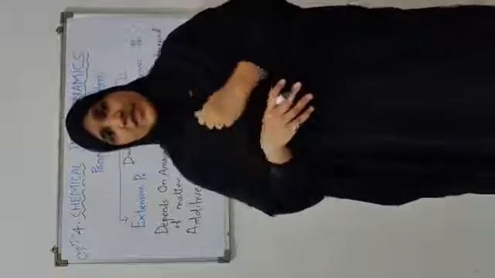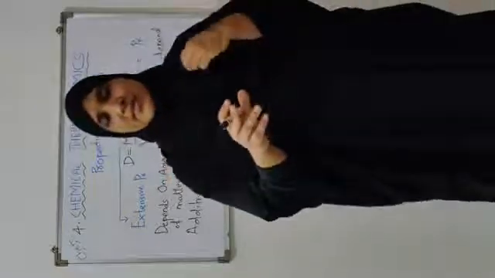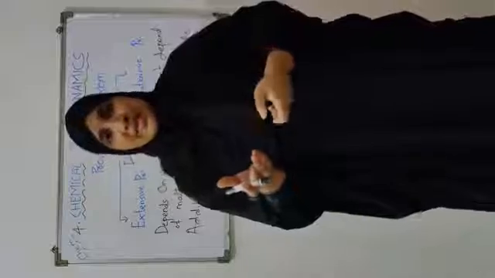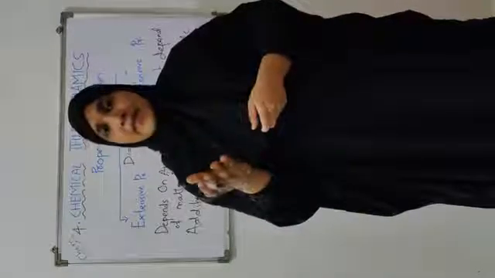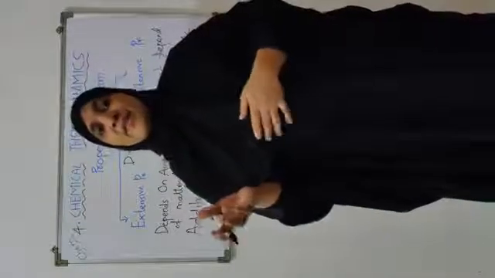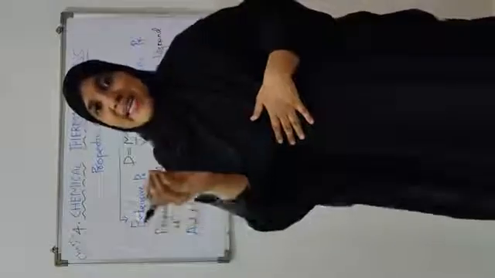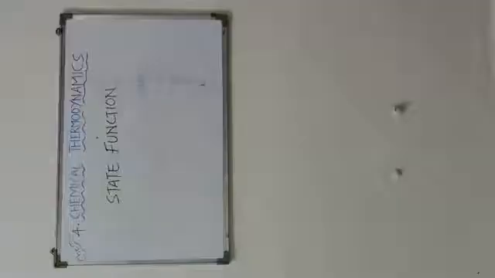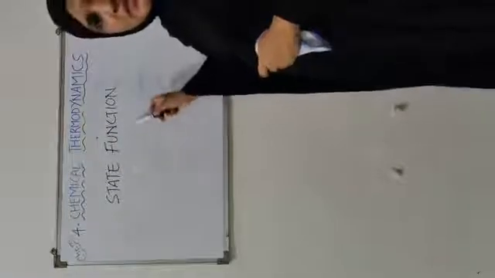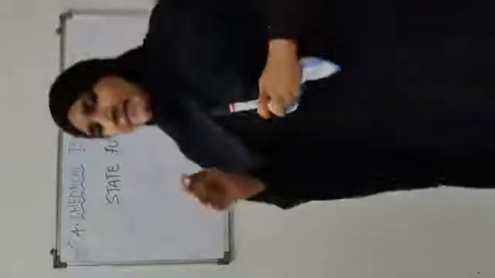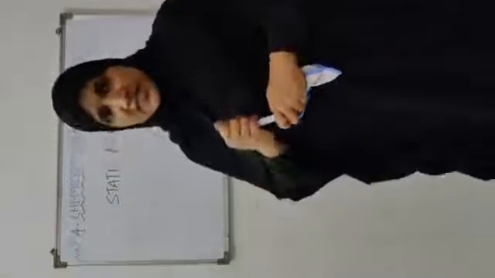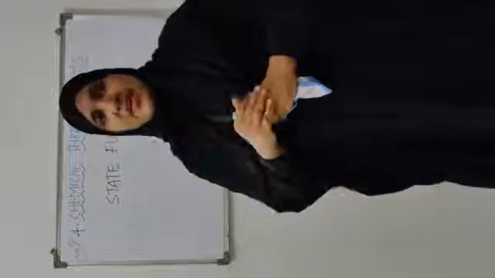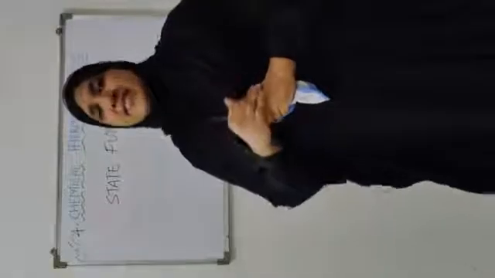Now some of these variables which we use to describe the system can be termed as state functions. Now let's see what a state function is. State functions are the properties of the system whose magnitude only depends on the current state of the system and is independent of the path followed to reach that state.